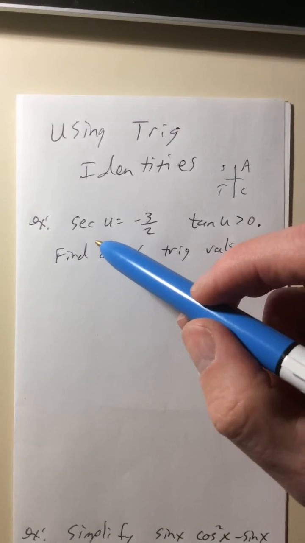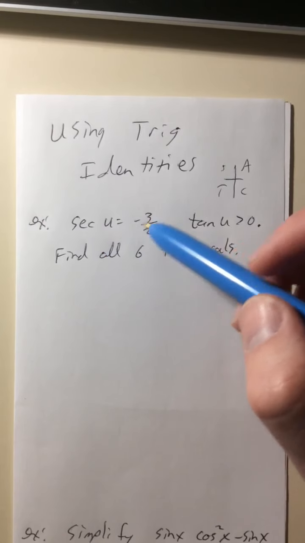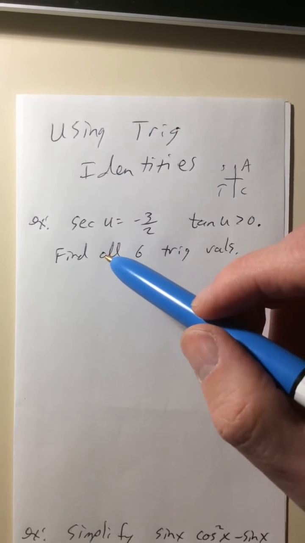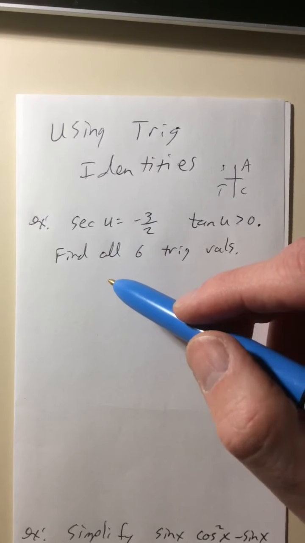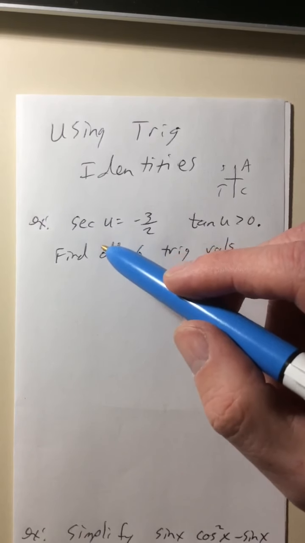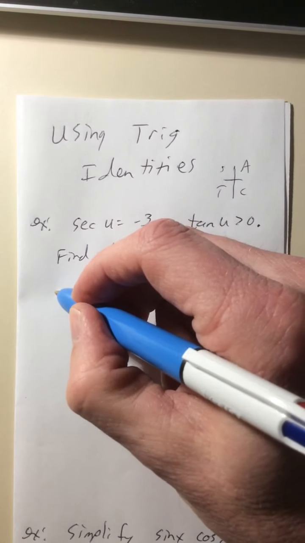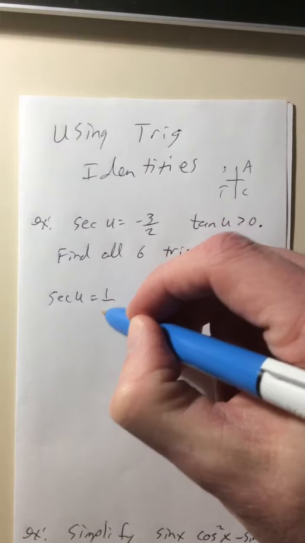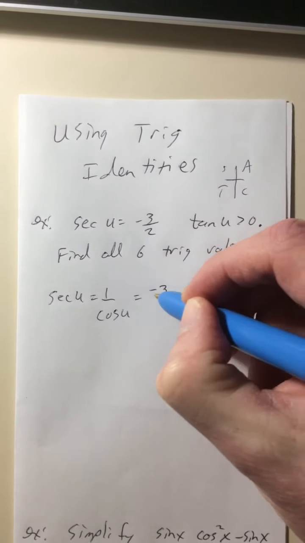Okay, so the first thing I would do, and generally the best thing to do when doing any of this trig identity stuff, is try to get as many of the pieces into sines and cosines as possible, because everything is kind of built off of sine and cosine. So we know that secant of u equals 1 over cosine of u, and that's equal to -3/2.